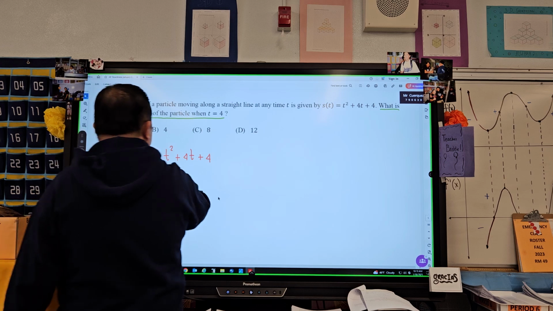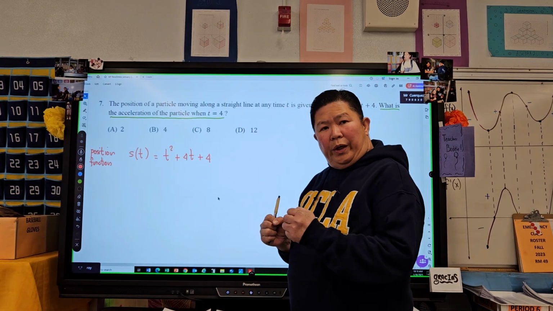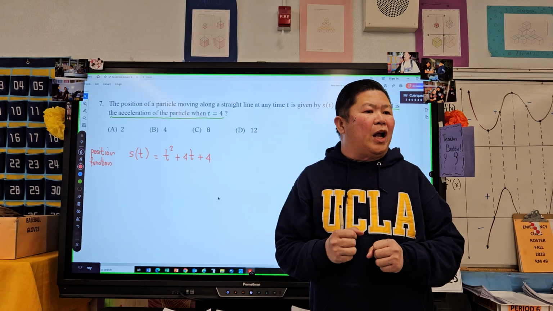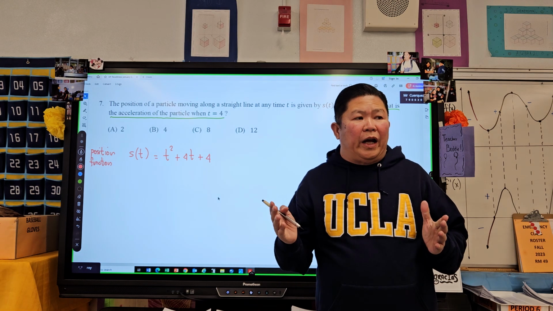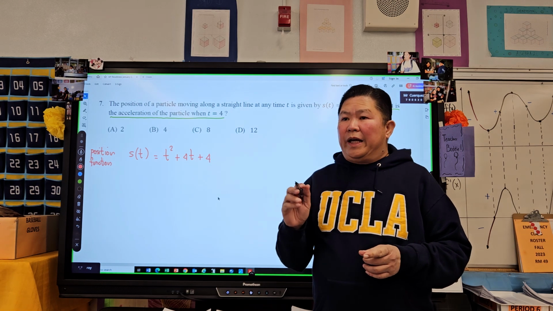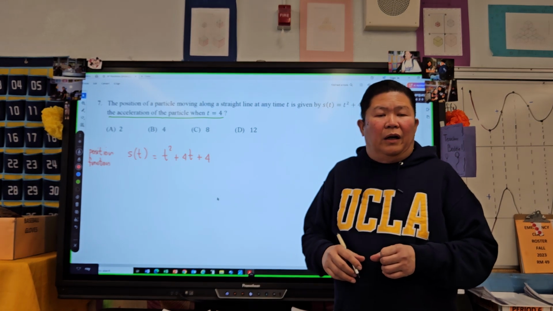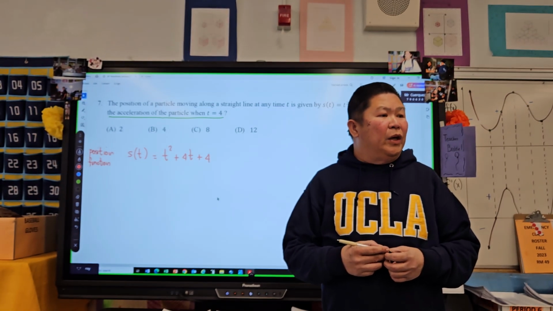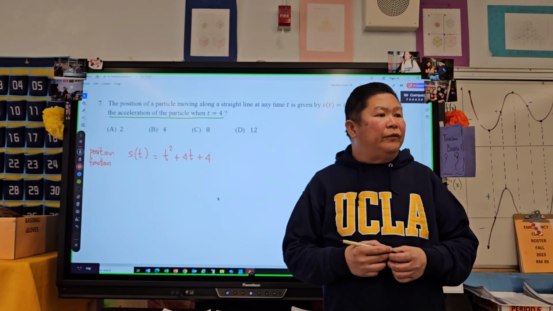it's asking about acceleration, but can we jump right away to acceleration without passing through velocity? We cannot. That means we take the first derivative of the position function, which is s prime of t, equivalent to velocity.